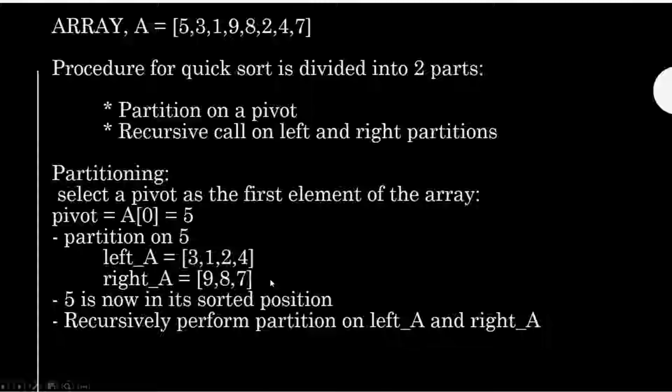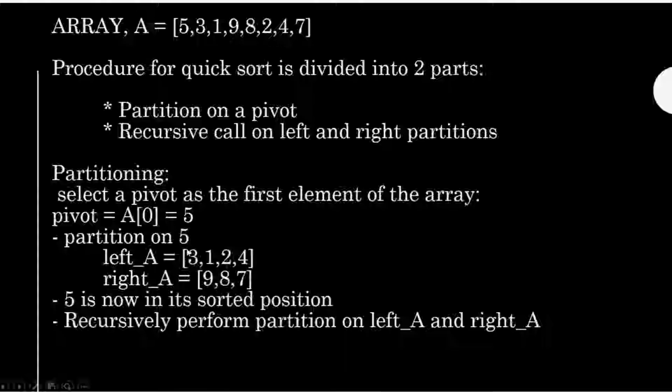That's just simple. By doing so, my pivot will be in its sorted position, because I place all the elements that are less than or equal to it on the left, and all the elements that are greater than it on the right. So at the end of the day, 5 will remain in a sorted position.